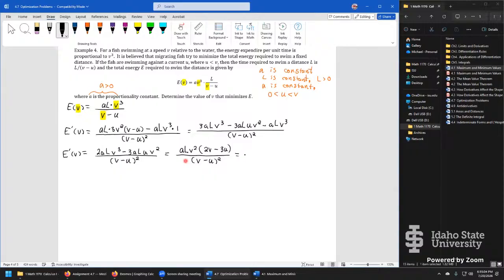We want to set this equal to 0 and solve it. And this time, there are multiple solutions. We look at how could the numerator ever be 0? And one way is v could be 0, or 2v minus 3u could be 0.